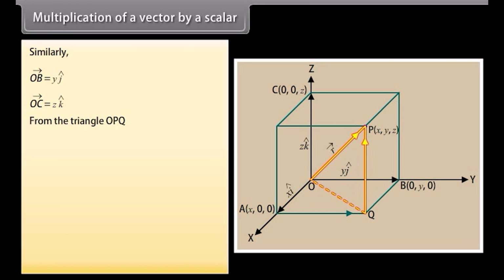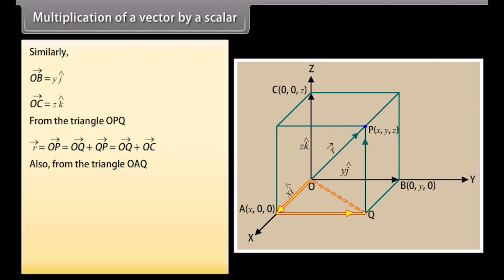From the triangle OPQ, vector r equals vector OP equals vector OQ plus vector QP equals vector OQ plus vector OC. Also from the triangle OAQ, vector OQ equals vector OA plus vector AQ equals vector OA plus vector OB.